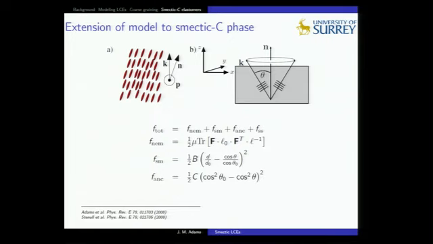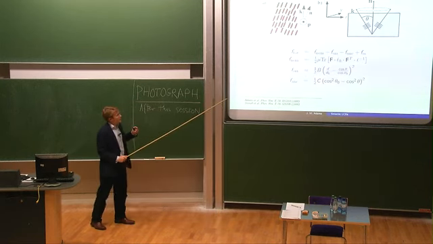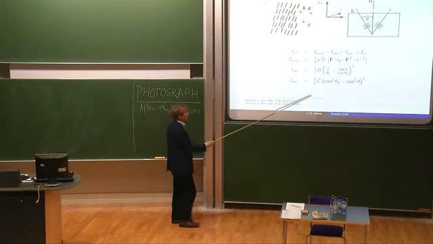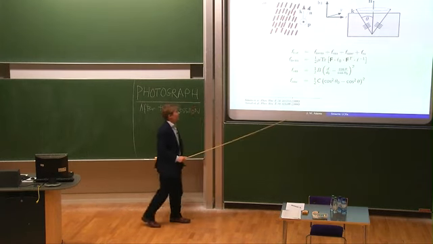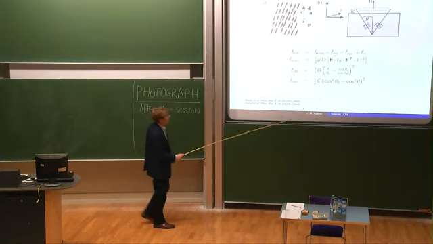We'd still have the same sort of terms, a trace formula, but we'd have a separate director and layer normal, and we must take into account the layer spacing. The layer spacing can contract as the angle between the director and the layer normal changes, and there's some anchoring penalty for the director to deviate from the layer normal.